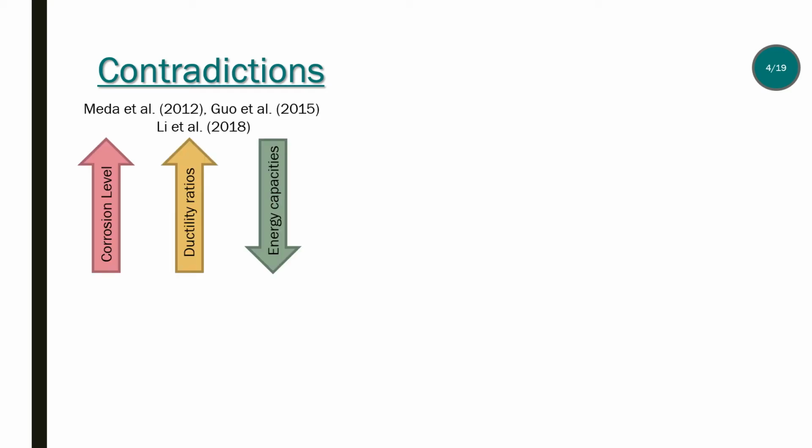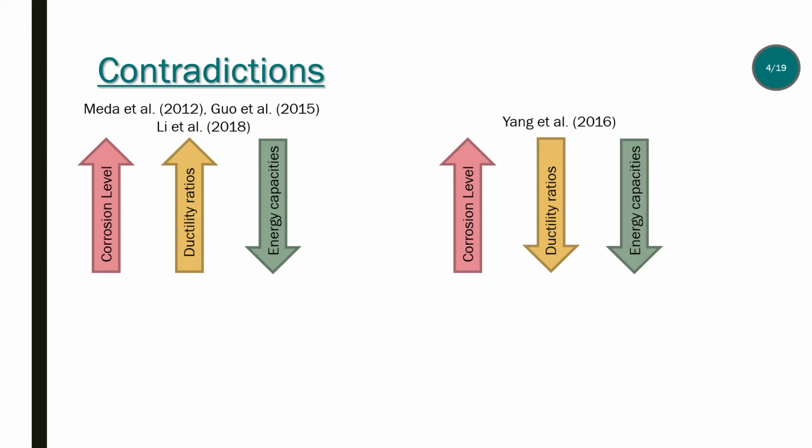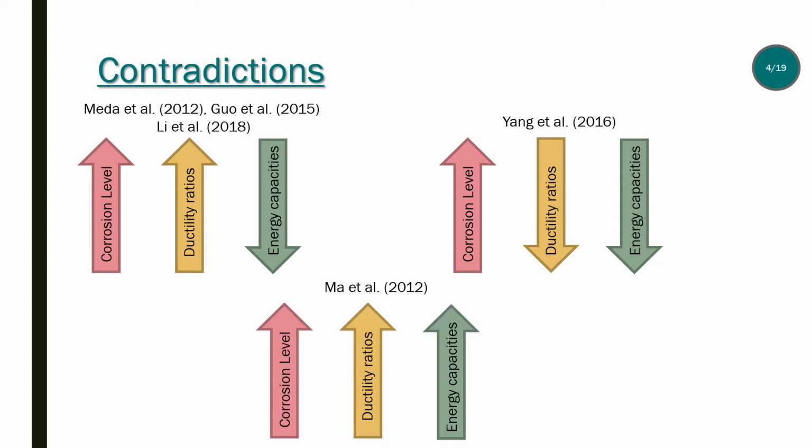According to some researchers, Meda et al., Gu et al., and Lee et al., as the corrosion level was increased, the ductility ratios increased, but energy capacities decreased. According to Young et al., as the corrosion level was increased, the ductility ratios and energy capacities decreased. According to Ma et al., as the corrosion level was increased, the ductility ratios and energy capacities increased.